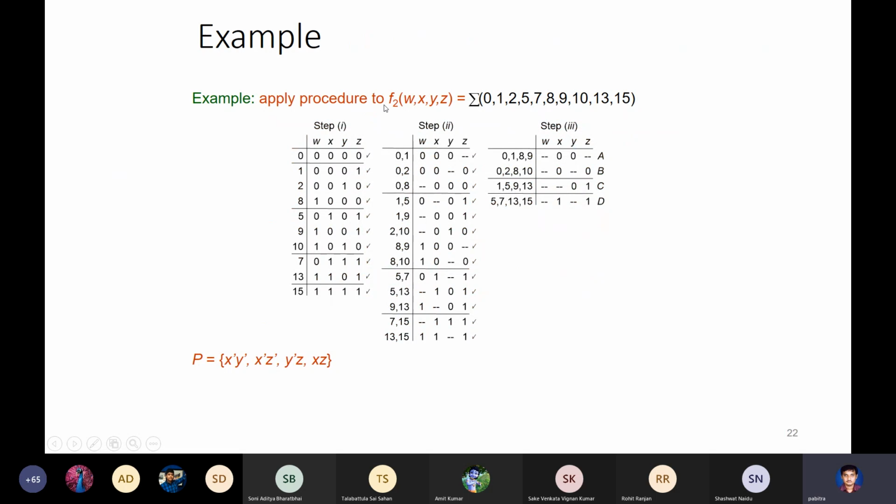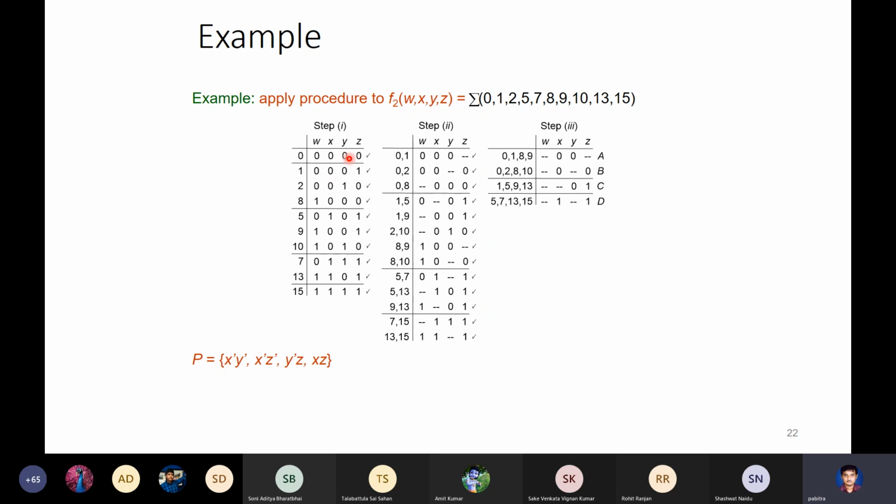Let's take this example. We have this function f2 consisting of the variables w, x, y, z, and these are my min terms: 0, 1, 2, 5, 7, 8, 9. I have listed all the min terms here with their corresponding binary representations, the assignment values for w, x, y, z. I group these min terms based on how many ones they have.